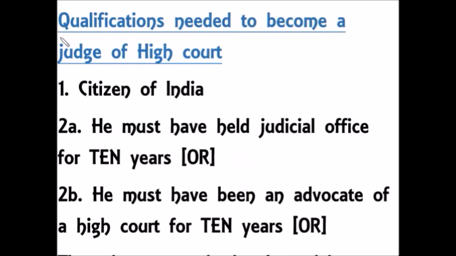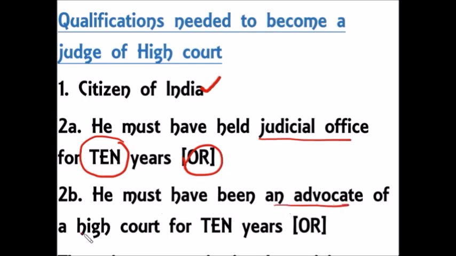Let's briefly discuss the qualifications needed to become a Judge of the High Court. Further details will be elaborated in our High Court video lecture. He should be a citizen of India and he must hold a judicial office for at least 10 years, or he must have been an advocate in a High Court for 10 years.